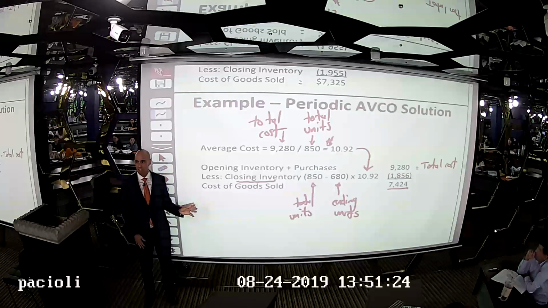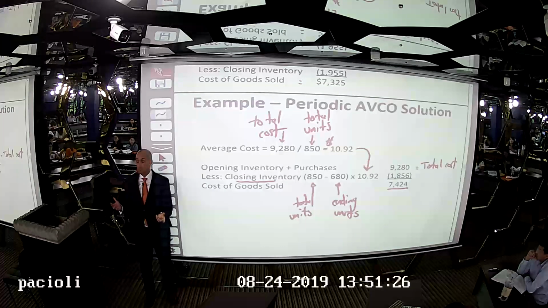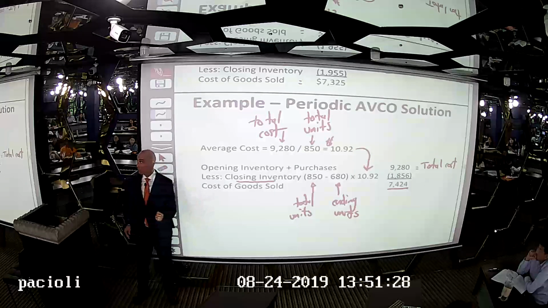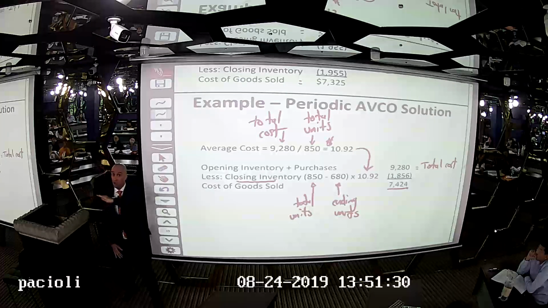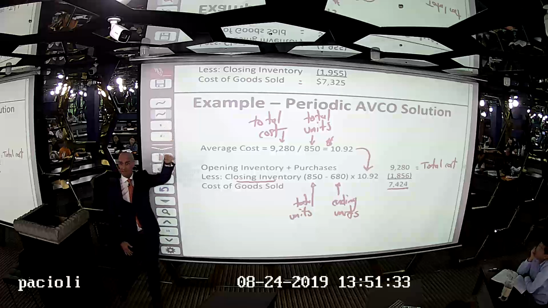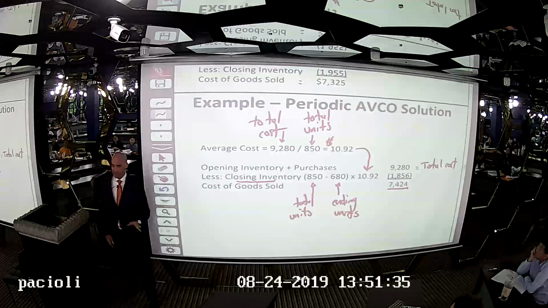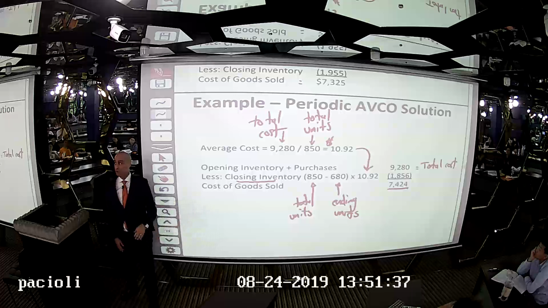For average cost, the cost of goods sold will be higher when prices are going up. If prices are going down, the cost of goods sold will be lower. But if prices are going up, average cost of goods sold will be higher.